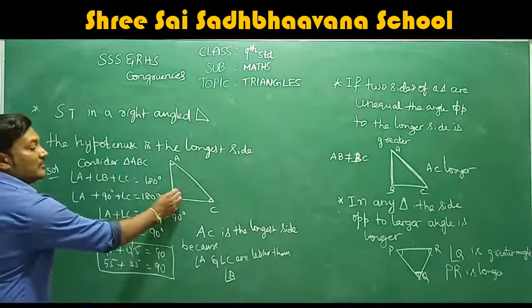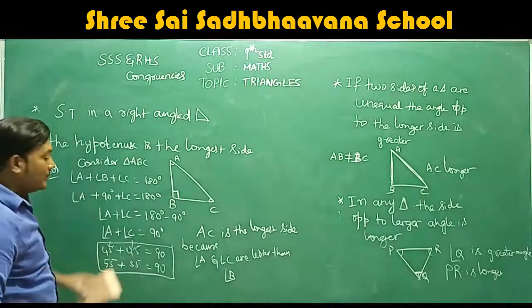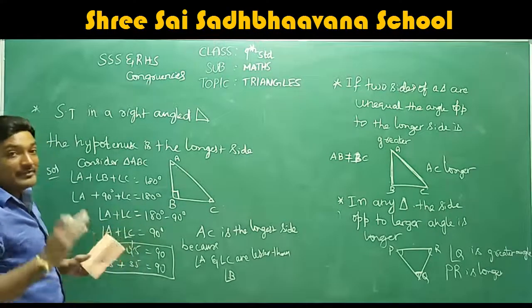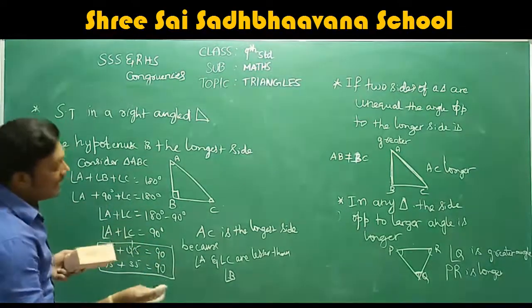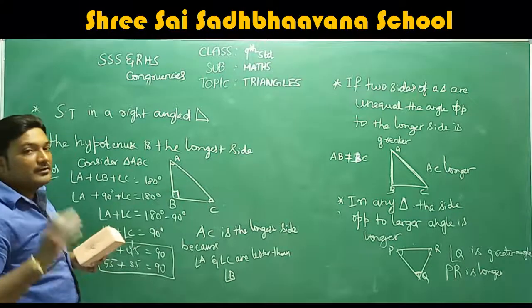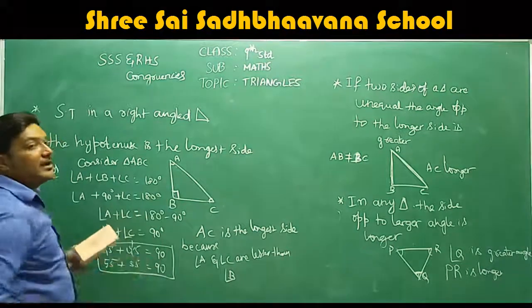Remember, angle B is 90 degrees, and angle A plus angle C is 90. It means obviously angle B is the greater angle, because when you add angle A and angle C, you get 90 degrees, and angle B alone is 90 degrees. Then which is the greater angle? Definitely angle B. Correct?